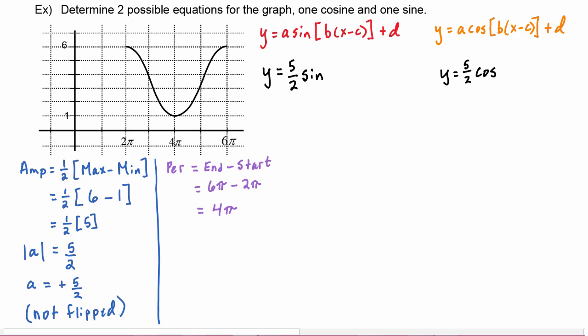Now we know when we're doing a calculation that period is 2 pi over B. We'll cross multiply the B up, cross multiply the 4 pi down. So we would have 2 pi over 4 pi is equal to B. The pi's are going to cancel, and 2 over 4 reduces to 1/2. So now we know B is 1/2. We can start to fill that in.